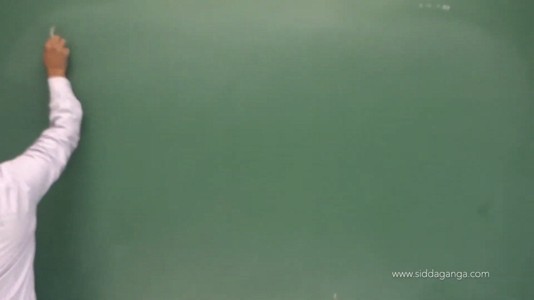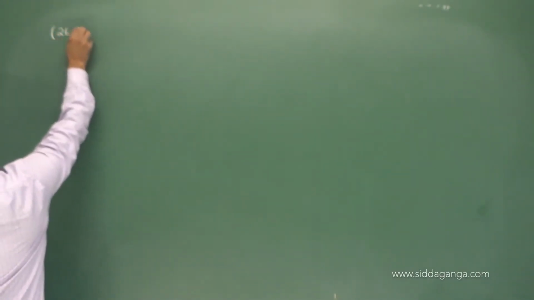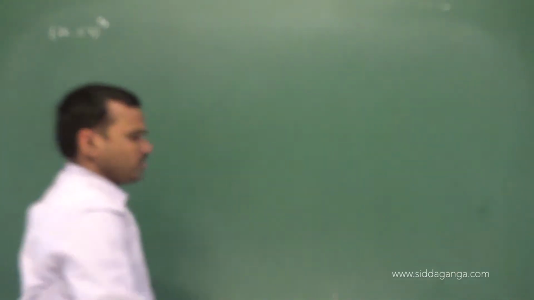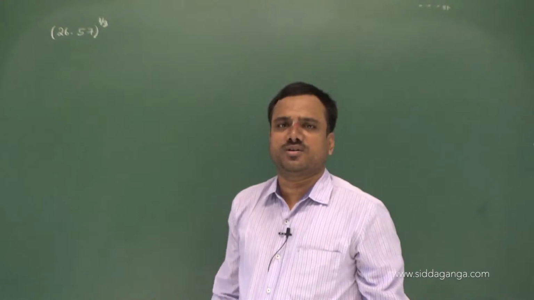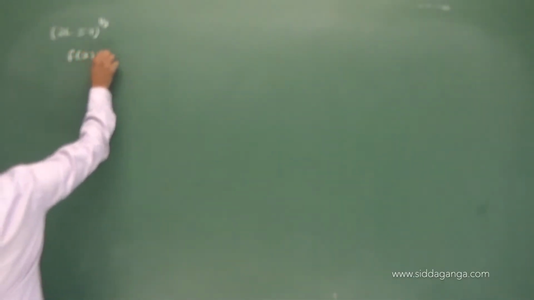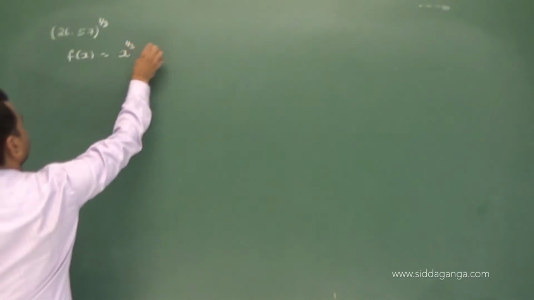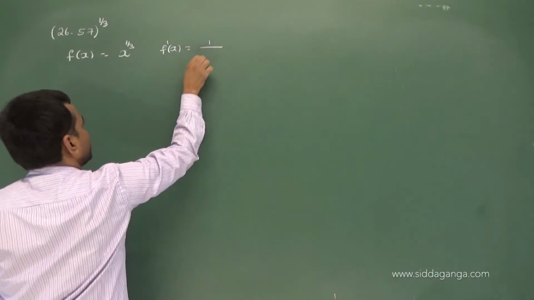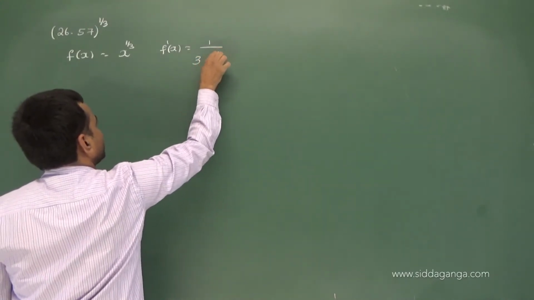Next problem, cube root of 26.57, that is 26.57 to the power 1 by 3. Okay, so write the function. You also solve. F of x is x to the power 1 by 3. F dash of x is 1 divided by 3 into x to the power 1 by 3 whole square.